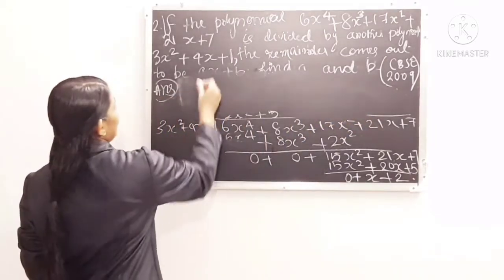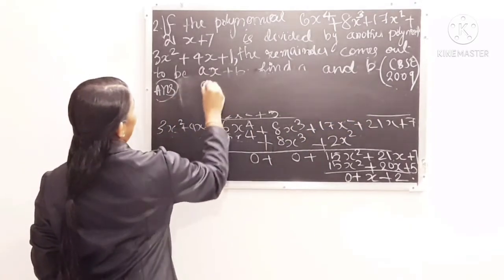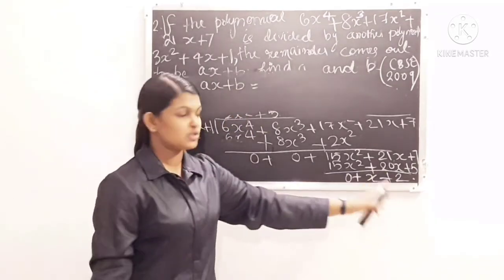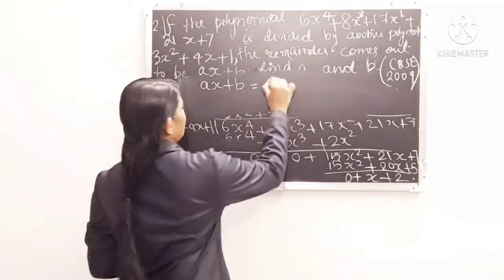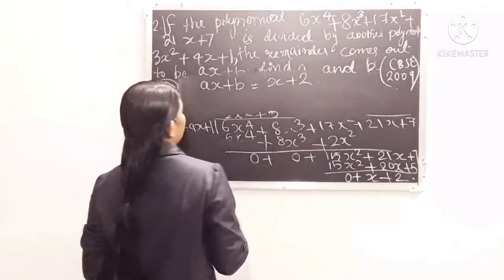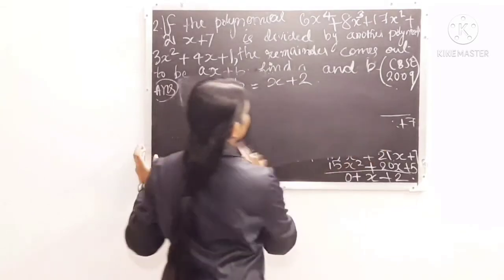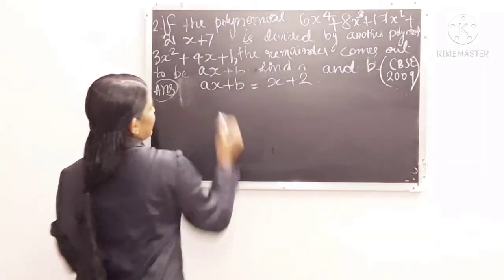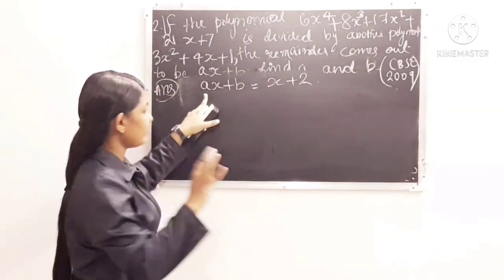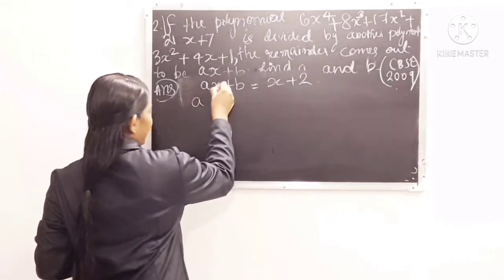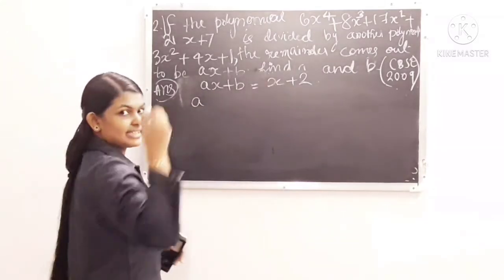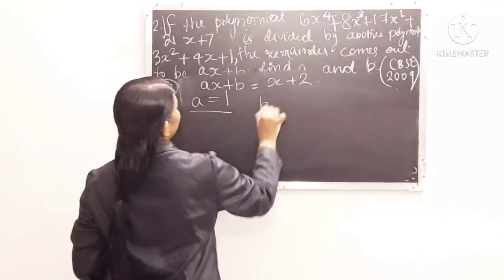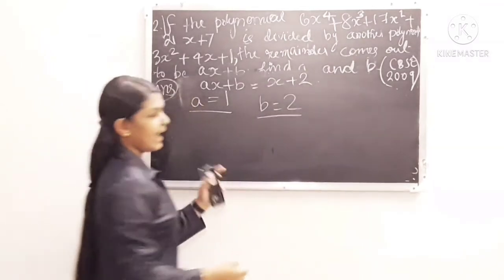Now it is given that the remainder is ax plus b. We got the remainder as x plus 2, so we equate this to x plus 2. Here a is the coefficient of x, and the coefficient of x is 1. So a is equal to 1 and b is equal to 2. Thus we got the value of a and b.